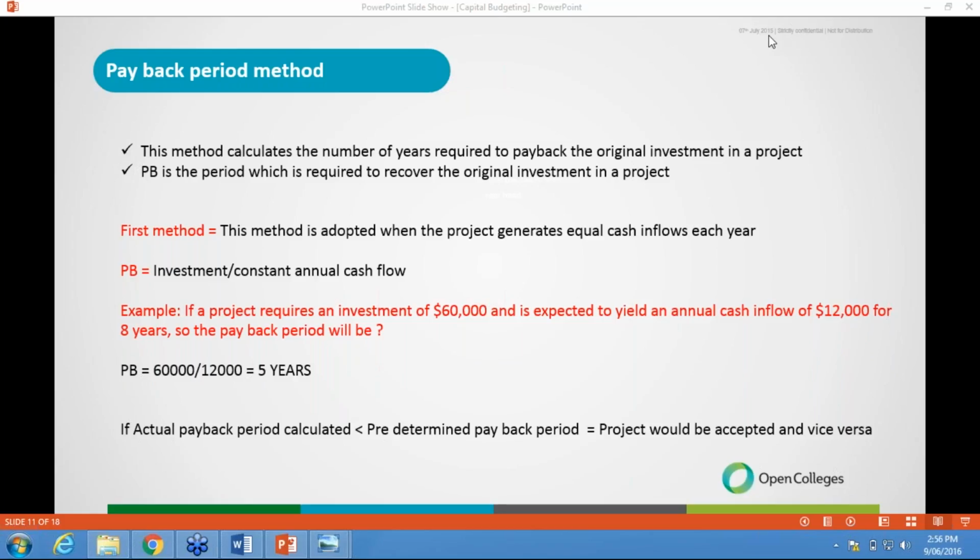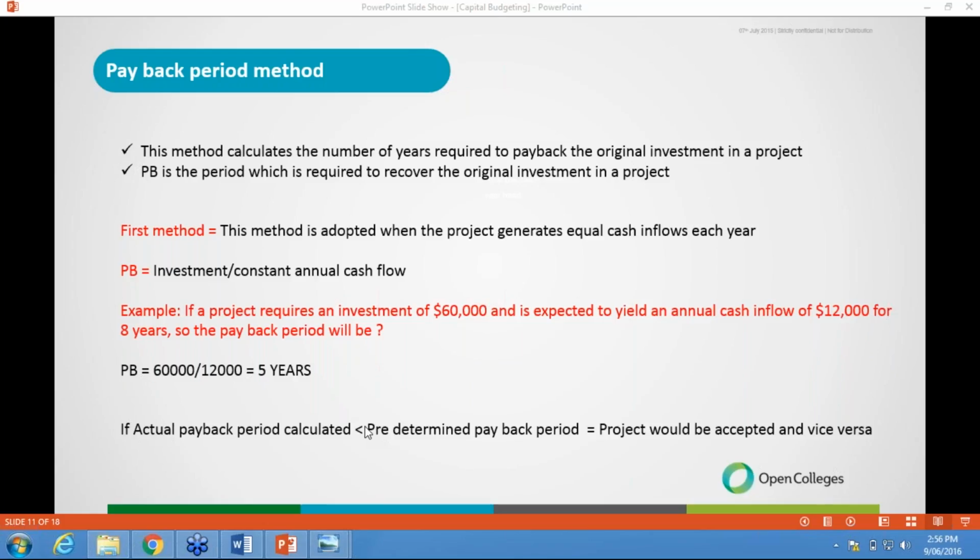The payback period method calculates the number of years required to pay back the original investment in a project. How many years will it take to pay back the original investment? Or this is the period which is required to recover the original investment in a project.